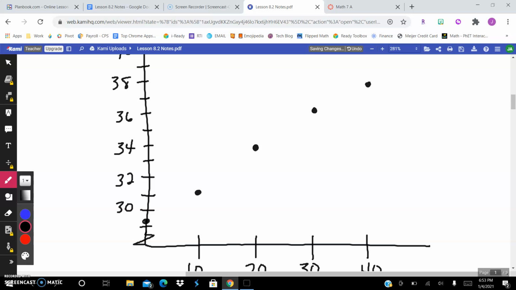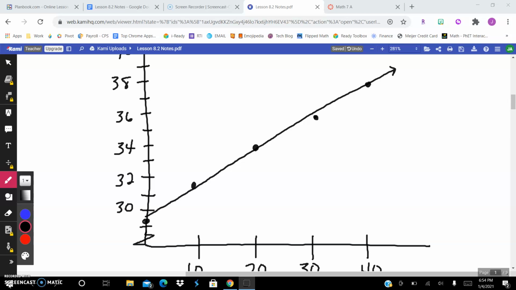And now we're going to try to draw a line here. I'm going to try to do my best without using a ruler. So instead of wasting time on the video, I just kept doing it until I got a good one here.